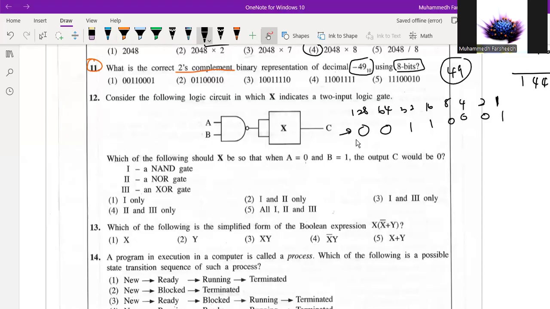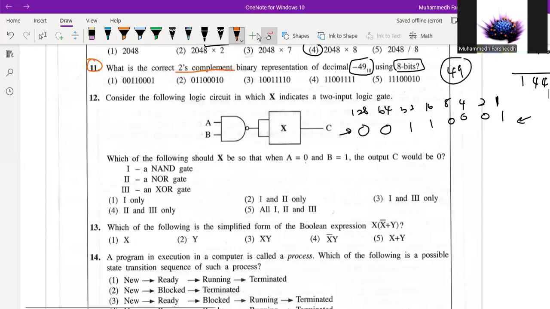So there are multiple methods. Actually, there are three methods to convert to two's complement when you're writing by hand. I'm going to show the very short and simplest method. If you don't know this, just try to work with it. If it does not work for you, just leave it. Once you convert to binary, first you have to start from the right side and go until you meet the first 1.